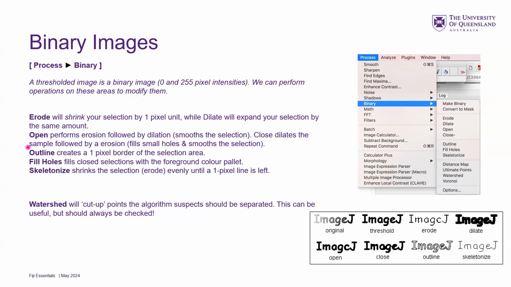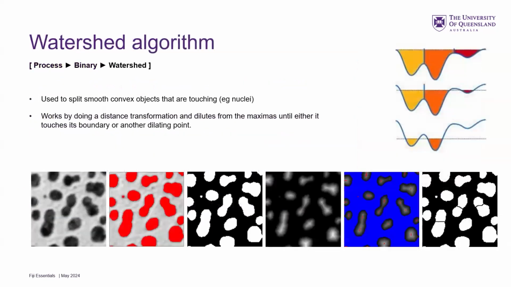So one useful thing is watershedding, which I'll explain on the next slide. So watershedding is an algorithm where, say, let's pretend these blobs are nuclei. We'll use our imagination. But if we wanted to cut ones that we know are probably 2 objects, but they're joined together based on our imaging.